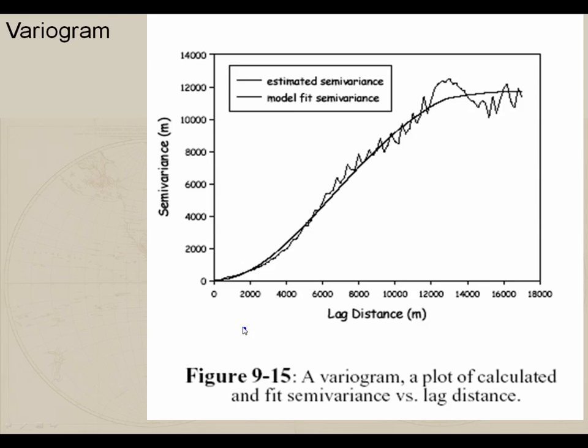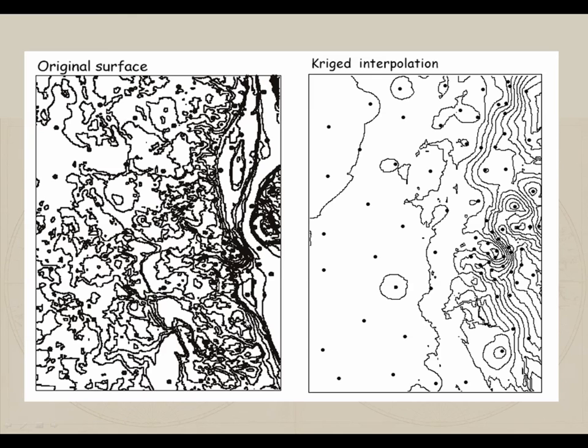With your buckets, you would take each bucket, the lag distance, figure out the semivariance, and create this curve. Then you would apply that to your data to actually estimate your unknown points.